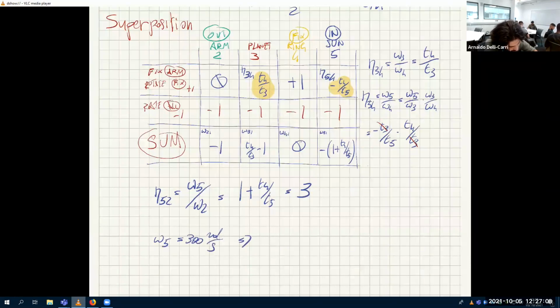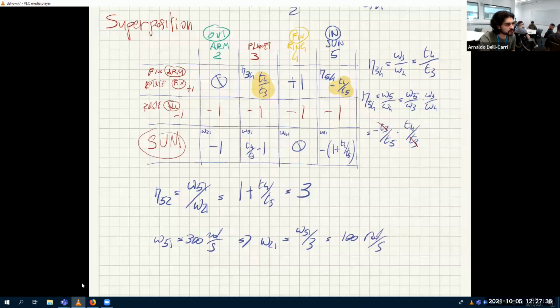So that means that omega 2,1 is omega 5,1 divided by 3, which is equal to 100 radians per second. In the same direction or in the opposite direction of 5? Same. They have the same sign. So they are going in the same direction.